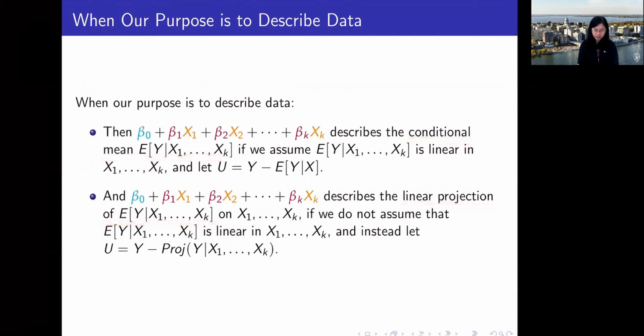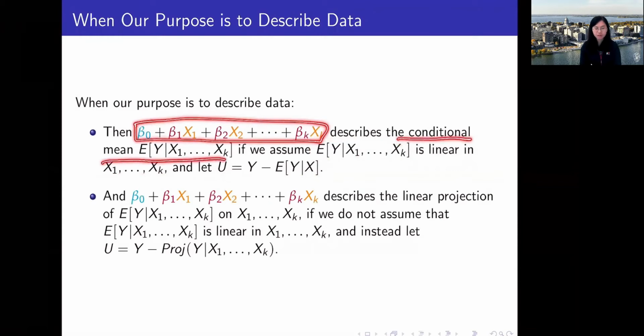If we think that the conditional mean of y given the x variables is linear in these x variables, then we can let u, the error term, be equal to y minus E(y|x). And this observable part of the equation will describe the conditional mean of y given x1 to xk.